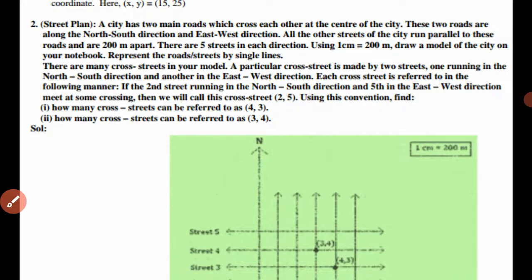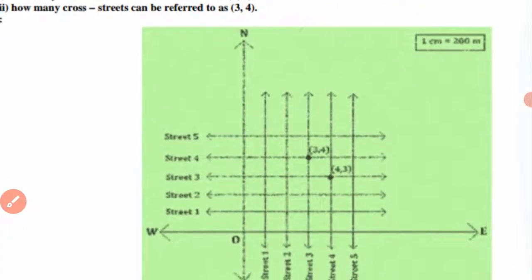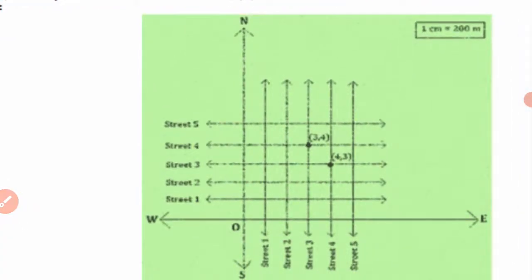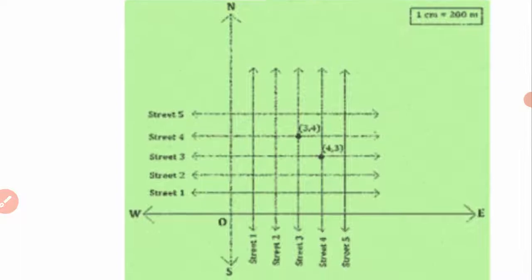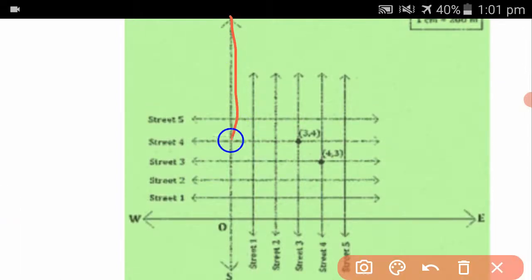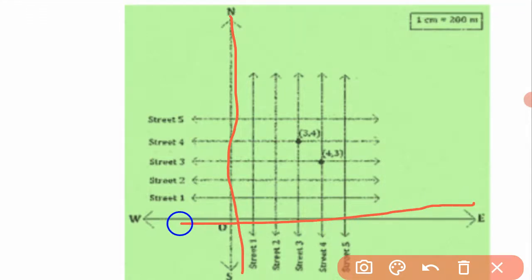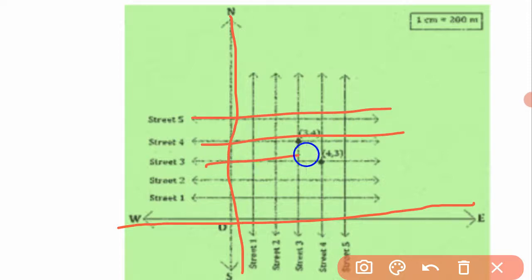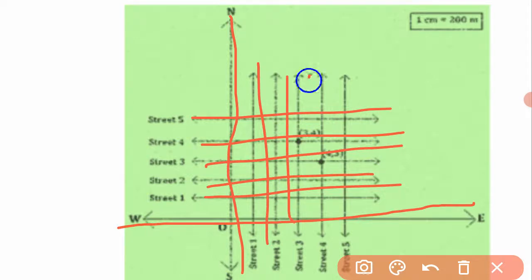Now with the help of this we can make this street plan. Here we have the x-axis and y-axis. The y-axis can be taken as the north-south direction and the x-axis as the east-west direction, and these are 5 streets which are parallel to each other, and here also these are 5 streets which are parallel to each other.